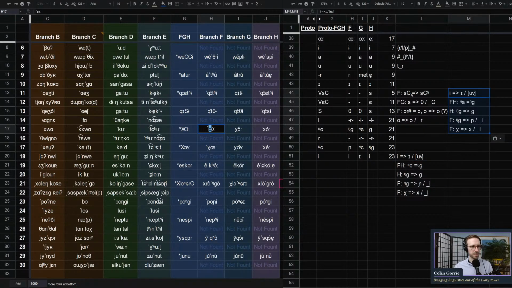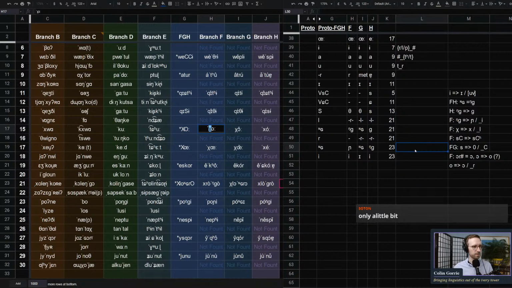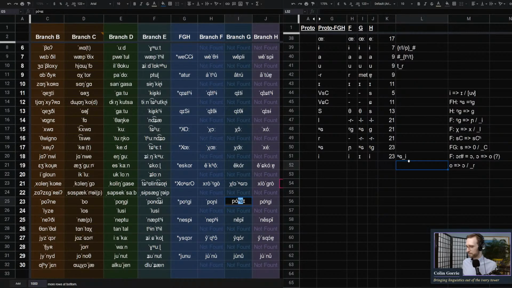So we need to keep ourselves in some semblance of order here. And then we just need to say that this is backing after a uvular, right? Yeah. Okay.